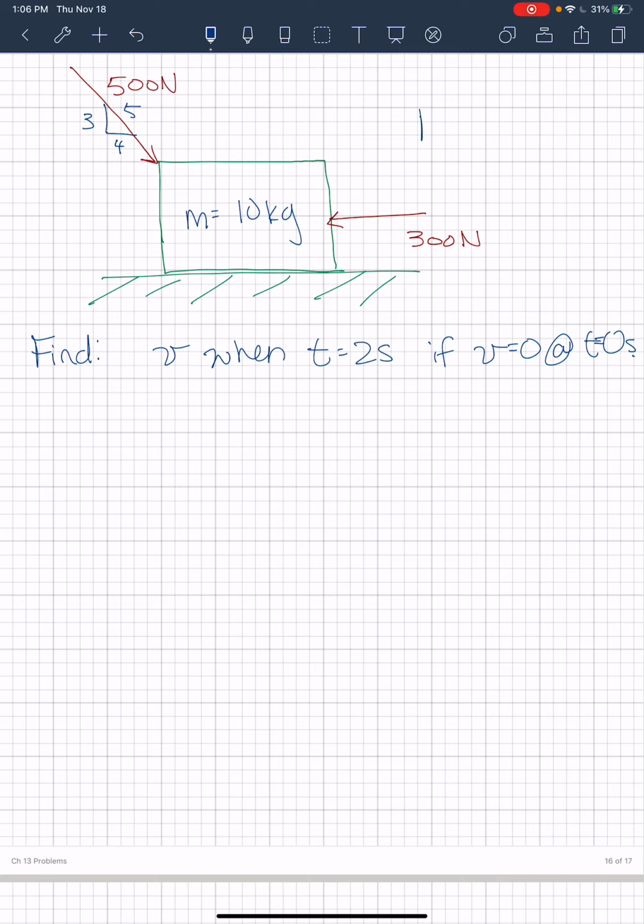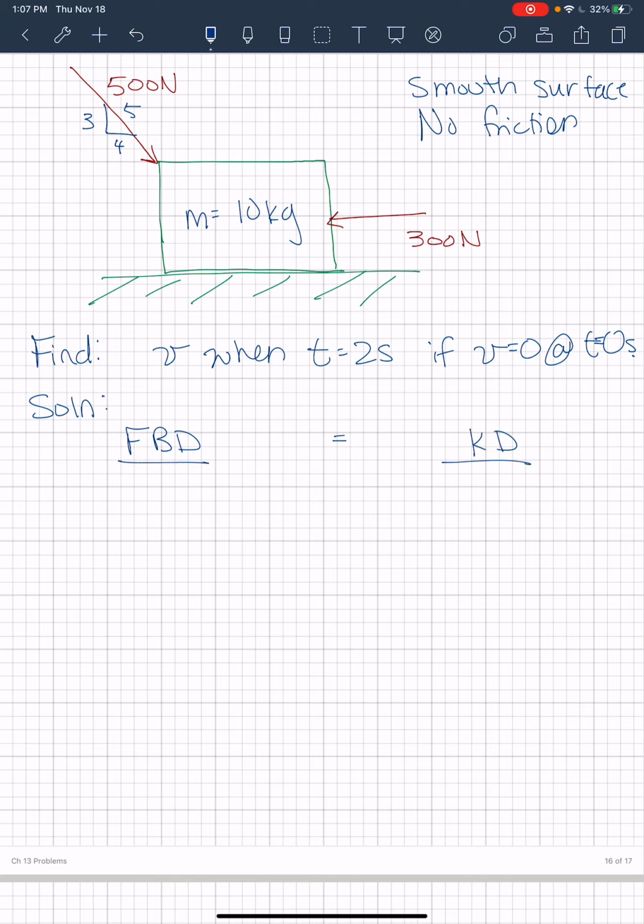So. How we start these problems, we'll just start with drawing the free body diagram and the kinetic diagram, since now we're into things that are moving.